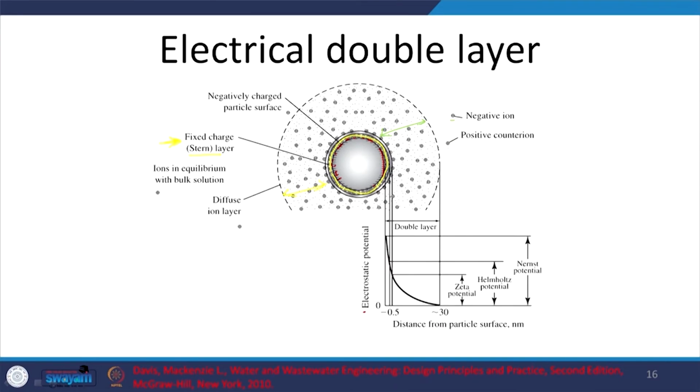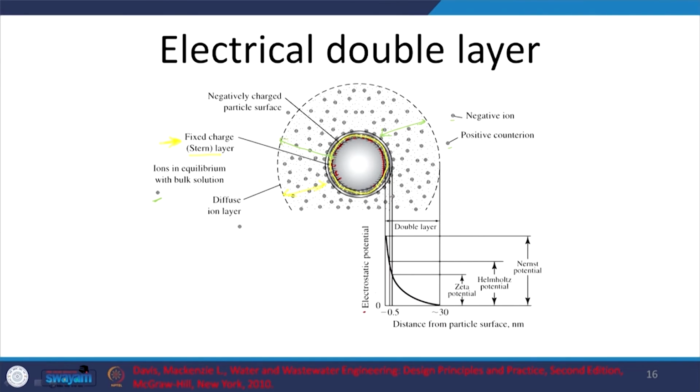Again, negative and positive counter ions, that is fine. And here we have the bulk solution, meaning in general the water. But this is the electrical double layer. All this is the electrical double layer.